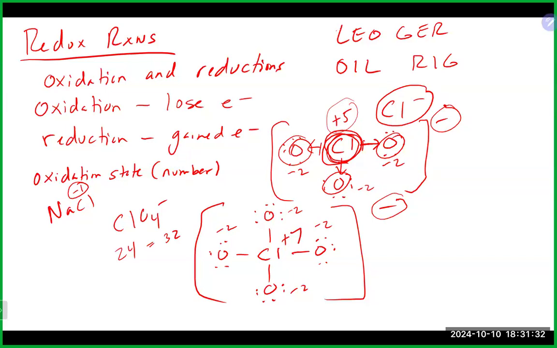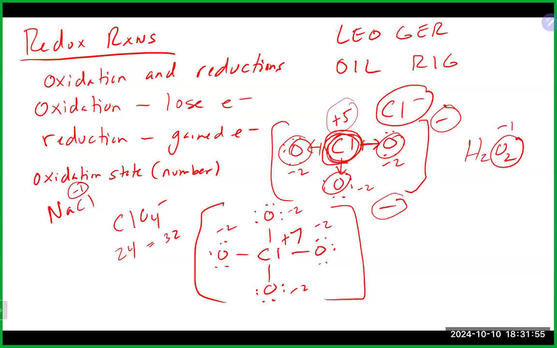Oxygen is always a really good place to start, and it is, I would say, 99 times out of 100 going to be -2. There is one exception, which is if the oxygen is not really oxygen, but it's actually peroxide, one of those polyatomic ions. In the case of peroxide, it's actually -1. And that's the only time oxygen would be -1.